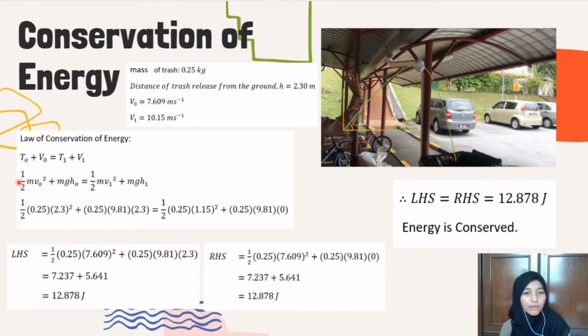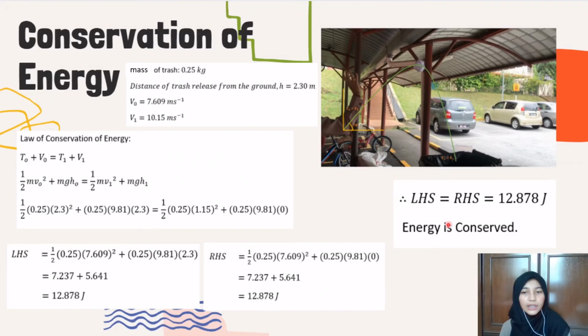From the formula given, we insert the values into the formula. For the left hand side, which is the initial, we calculate the energy and get 12.878 joule, while for the right hand side, which indicates the final one, we calculate it and also get the same energy, 12.878 joule.